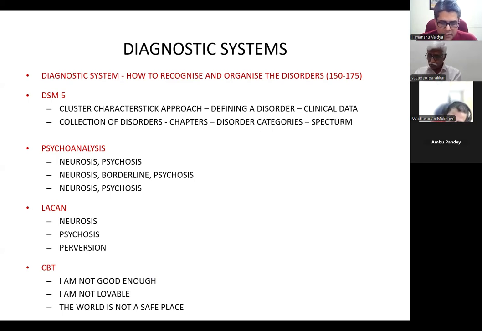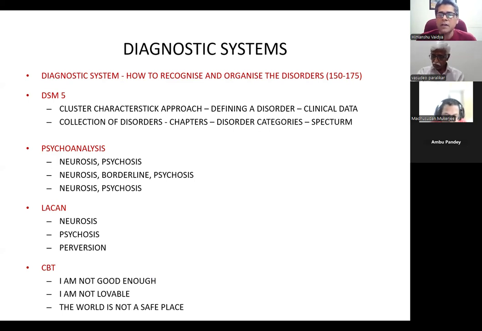Then Freud and his disciples realized, because they were the only ones originally creating the whole area, that some people have characteristics of both neurosis and psychosis. In those days, they were termed borderline, which is very different from how we use the word borderline today. Today, it is a disorder.